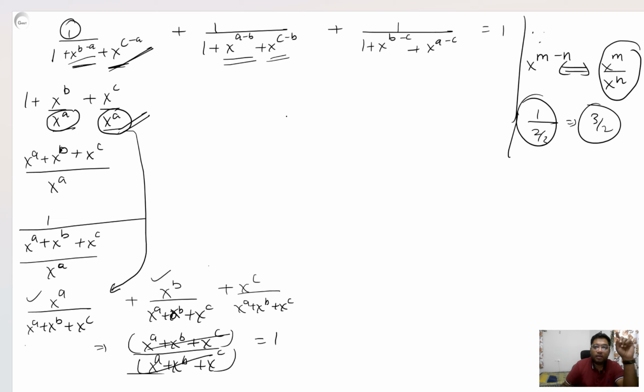Remember, guys, 1 can be obtained in 2 possible ways. Pay attention, very important. How can you get 1? You can get 1 if you have something like a by a. That means if you have the same numerator and same denominator, they will cancel out and give you 1. So that is one way to approach it.